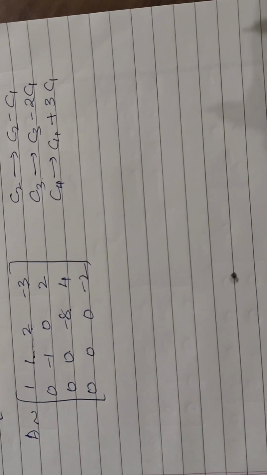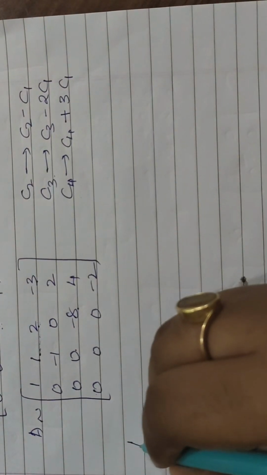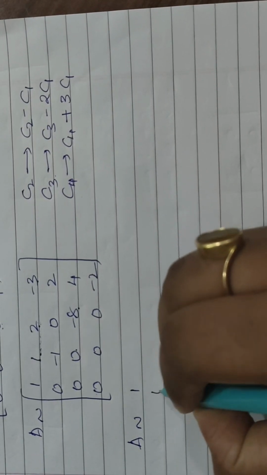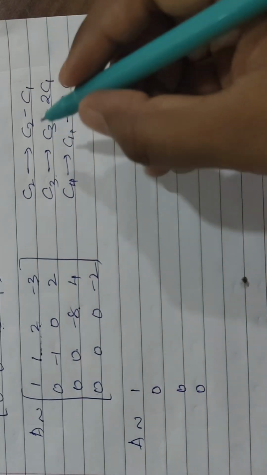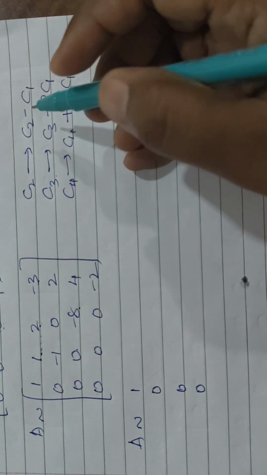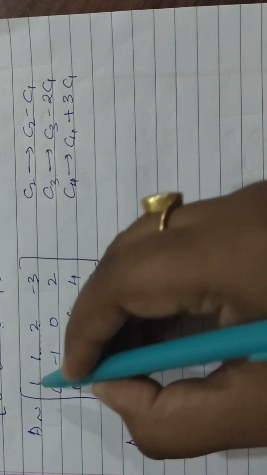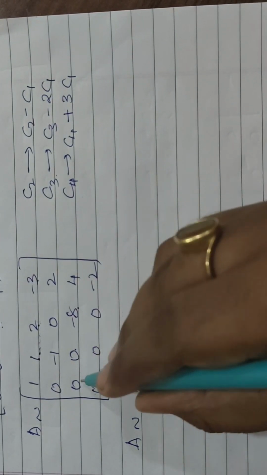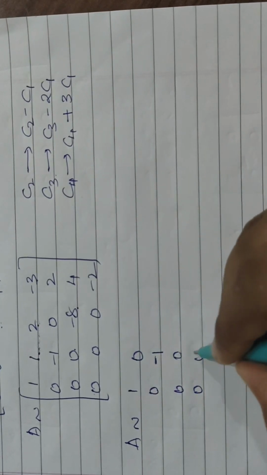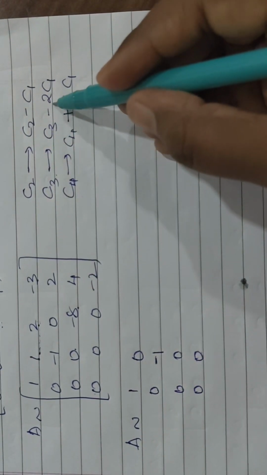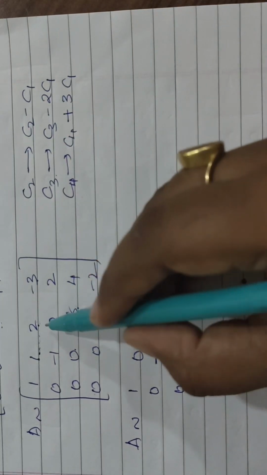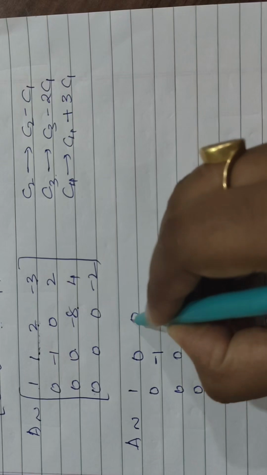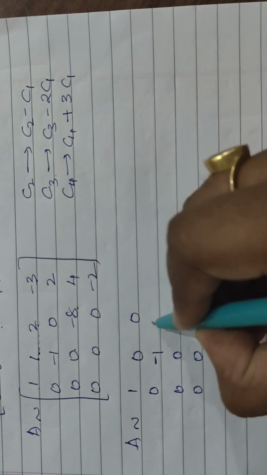So if I use this transformation, A is equivalent to, I don't have any transformation for the first column, so I will write as it is. And now C2 minus C1: 1 minus 1, 0. Minus 1 minus 0, minus 1. 0 minus 0, 0 minus 0. Next, C3 minus 2C1: 2 minus 2 into 1, that is 0. 0 minus 0.